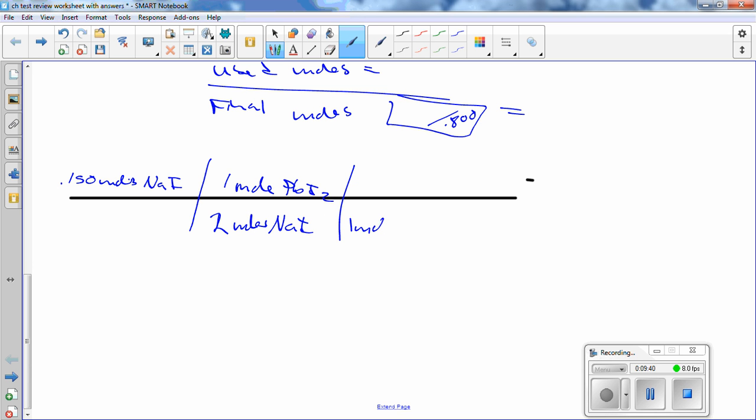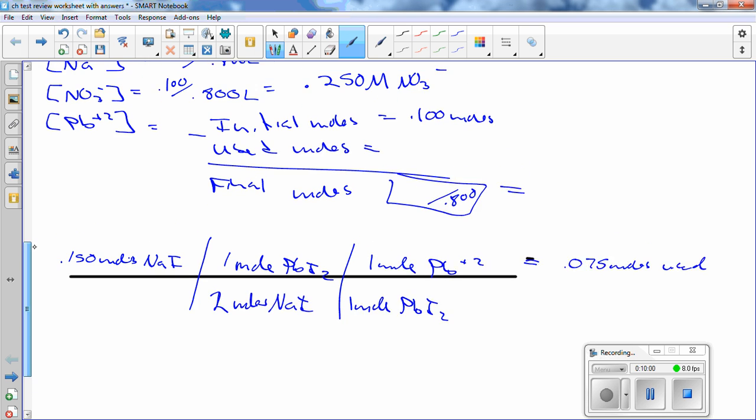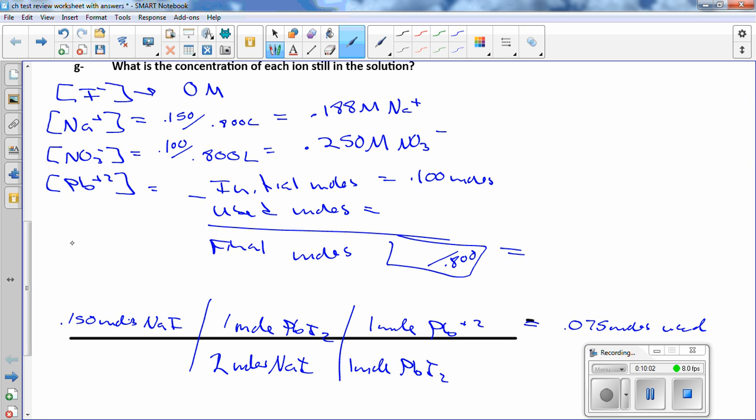For every 1 mole PbI2, I have 1 mole Pb plus 2. So I do this math and this equals 0.075 moles used up, meaning that's how many moles will react with the amount of limiting reactant I have.